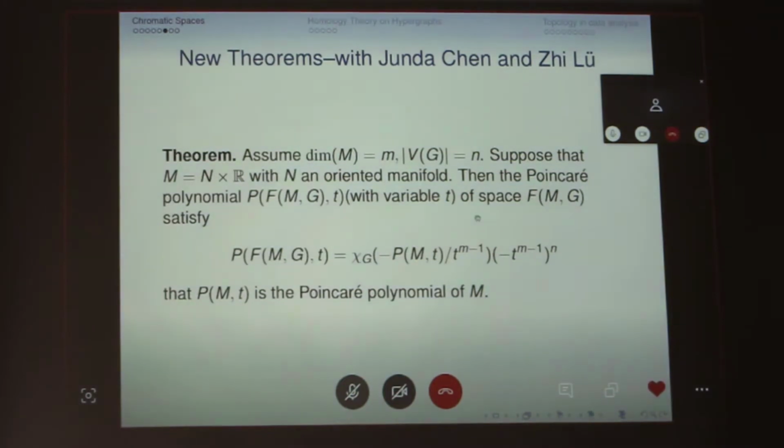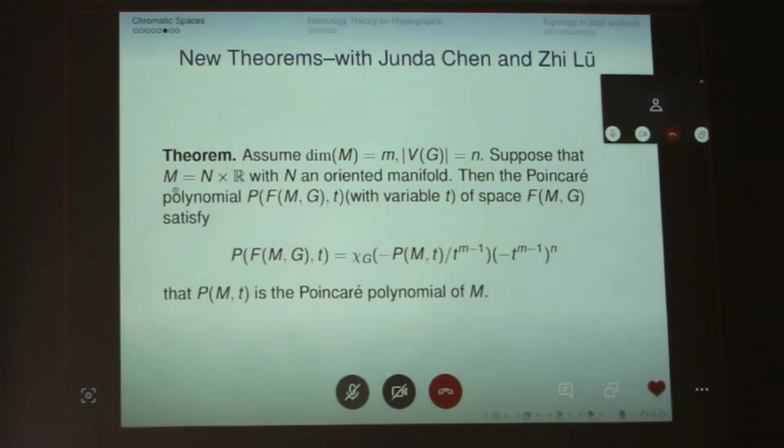Right. So essentially, one of these theorems will be like this. Suppose that M is a manifold, and we need a little bit of hypothesis.